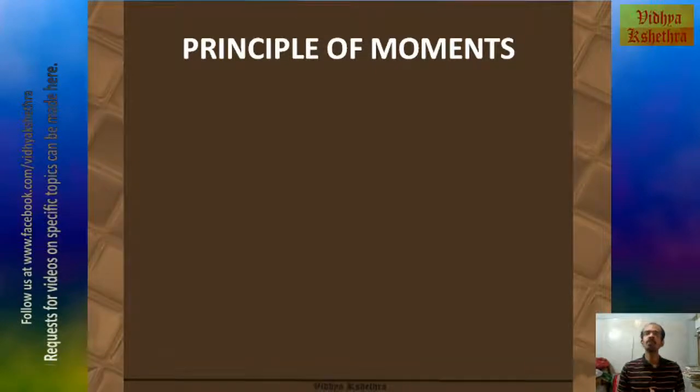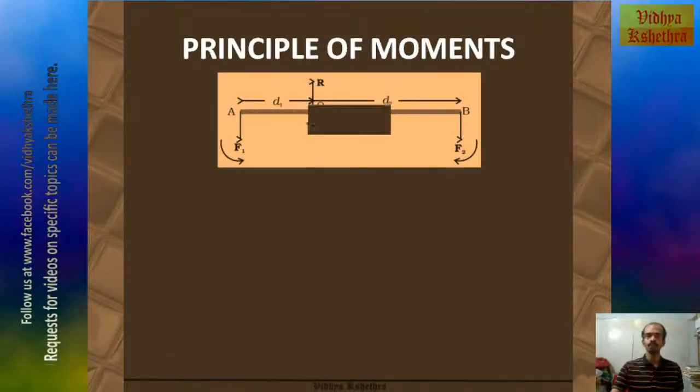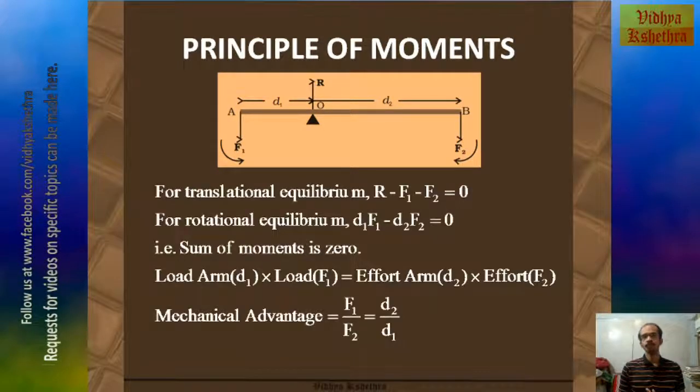Now, principle of moments. For this, consider a lever which is pivoted at a point O by a fulcrum. The forces acting at both ends of this rod are given by F1 and F2, and R is the normal reaction. Now, for translational equilibrium, R minus F1 minus F2 is equal to 0.